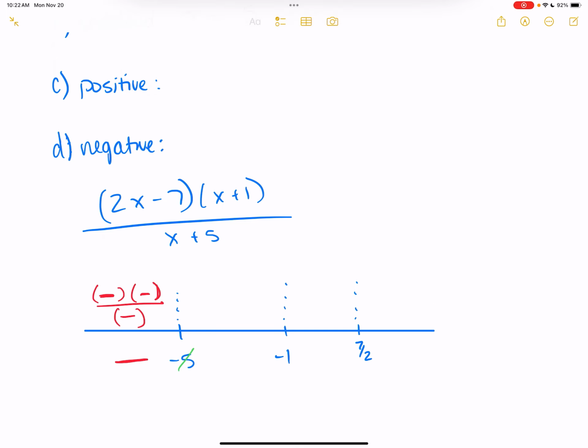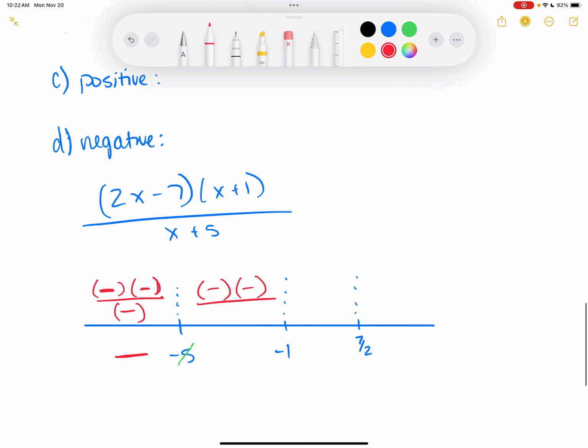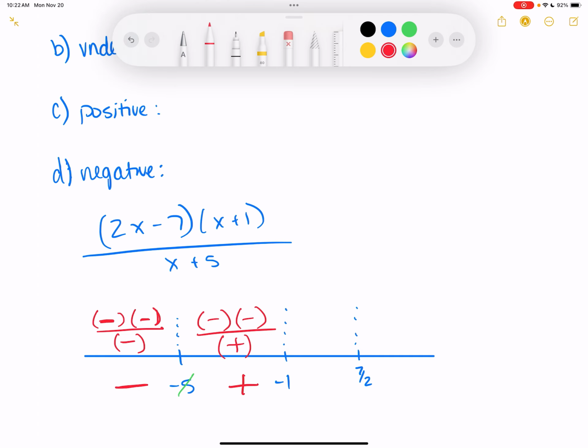Then in here, what number do we want to pick? 0 is not in this. -2. So 2 times -2 minus 7 is negative. -2 plus 1 is negative, -2 plus 5 is positive. Now what number do I want to put in here? 0. 2 times 0 minus 7 is negative. 0 plus 1 is positive, 0 plus 5 is positive.